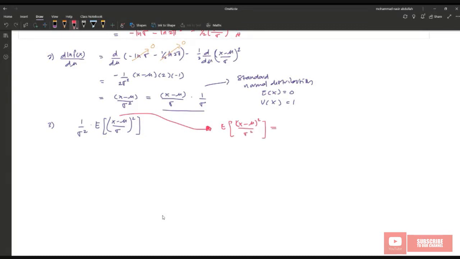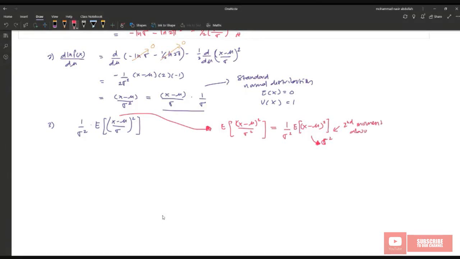Which is also equal to 1 over sigma squared multiplied with expected of x minus mu squared, right? So we know that from the second moment about the mean, expected of x minus mu squared is equal to sigma squared, right?